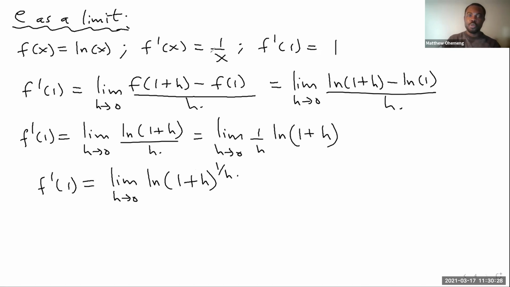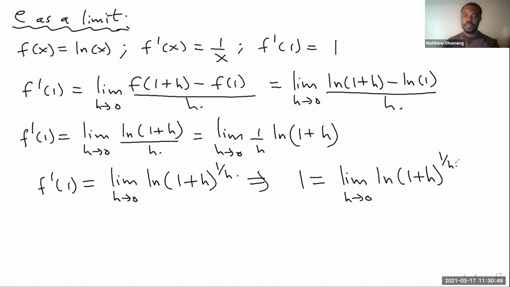But from the rules, when you have f of x equal to ln of x and f prime of x equal to 1 over x, then f prime of 1 is just 1 over 1, which is 1. So we can substitute 1 for f prime of 1 here. So that's the limit as h approaches 0 of ln of 1 plus h to the 1 over h. But then by continuity, this is a composite function.